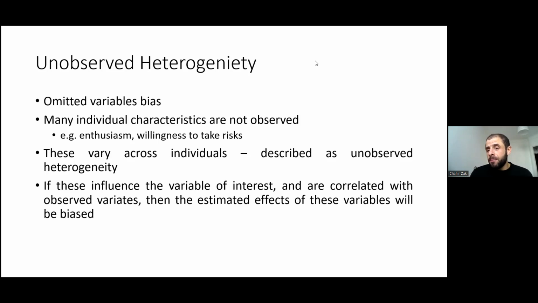If I have variability in my data set, then I can get some results, because if my sample includes identical individuals, then I cannot get an estimate. So the problem is not the heterogeneity, the problem is that this heterogeneity is unobserved.